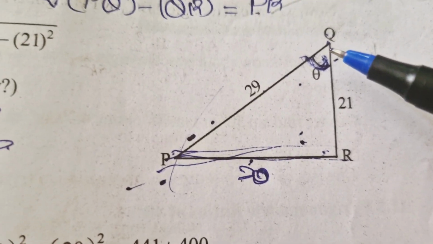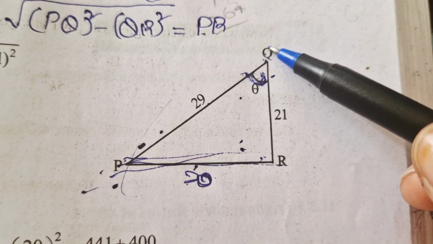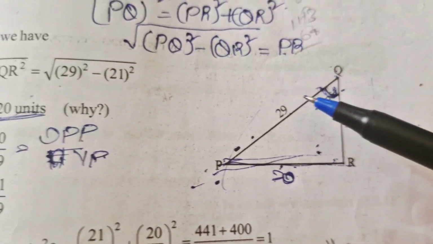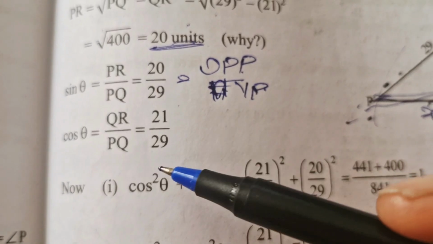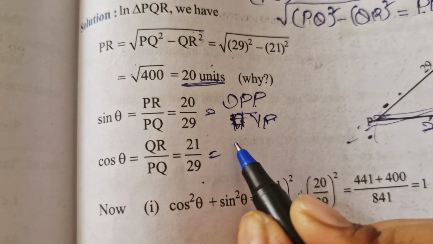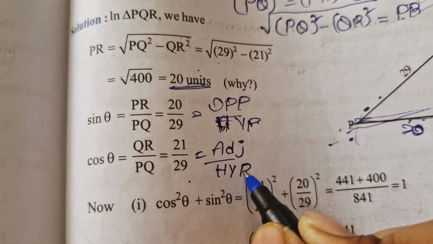And what is the hypotenuse? Hypotenuse is PQ, so 29. So 20 by 29 is sine theta, and cos theta is 21 by 29. What is cos theta? Adjacent by hypotenuse.